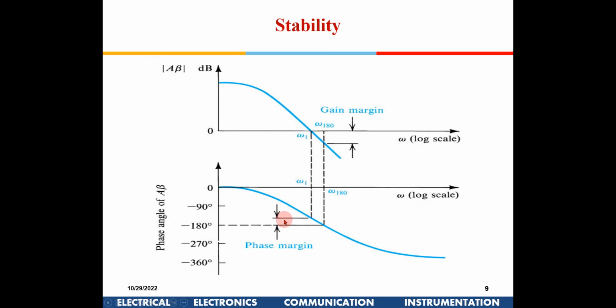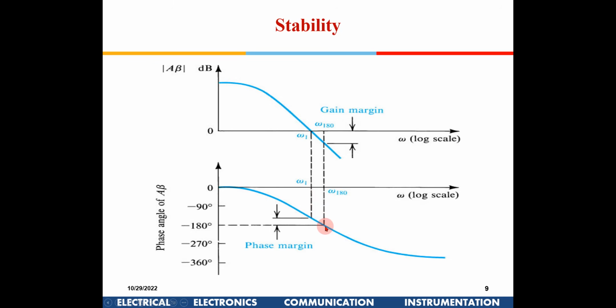Hence it could be termed as stable. So at the frequency when the gain is 0 dB, the phase difference between 180 and this point is known as the phase margin. So greater the phase margin, the more stable the system is.